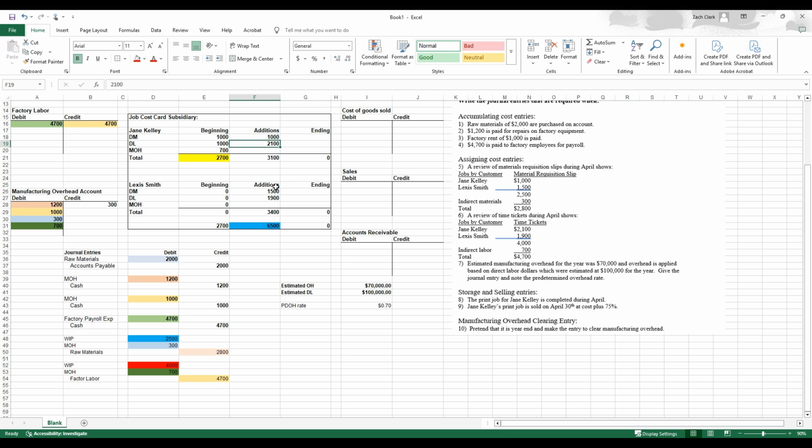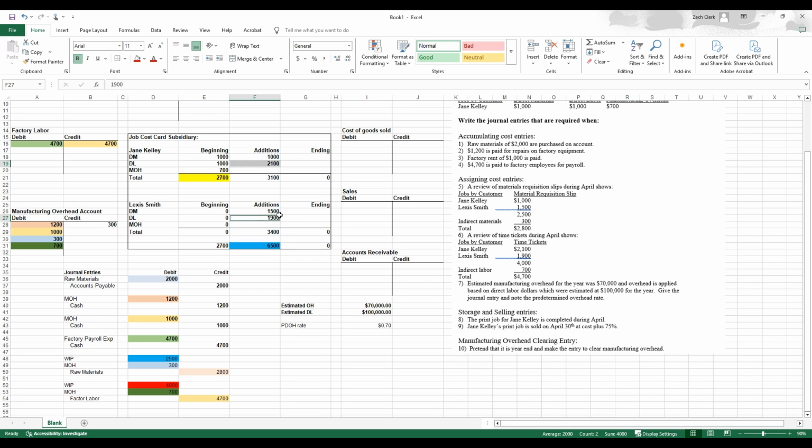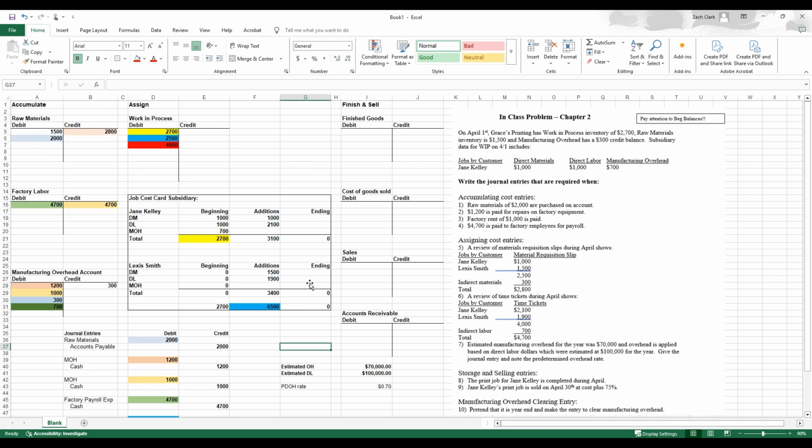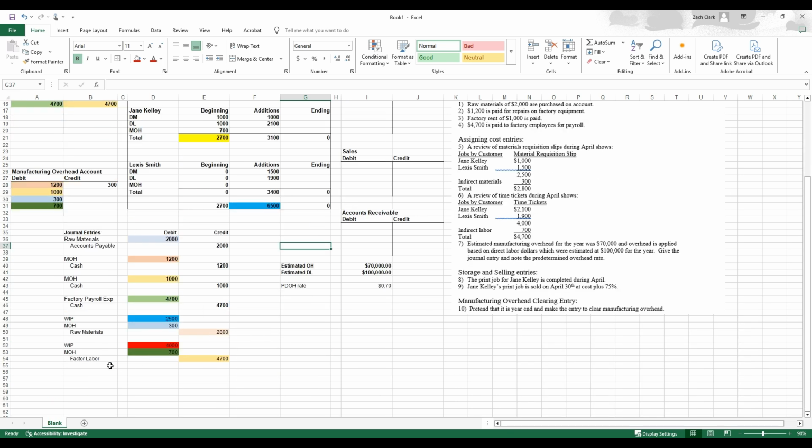So we know how much direct labor we have input based on our total time ticket here. So it's $4,000. So from a journal entry perspective on applying the overhead, let's see what I want to do. Let's take, I'm going to steal this journal entry.